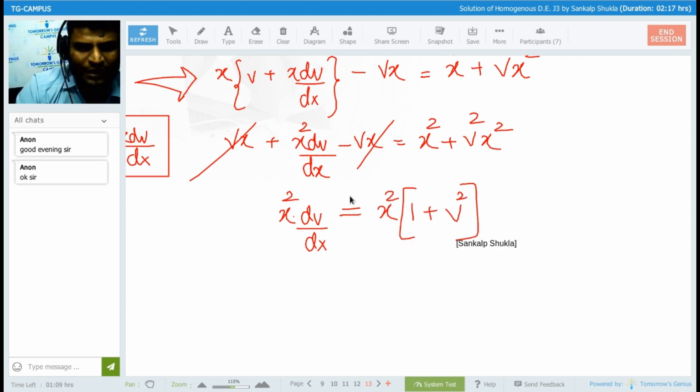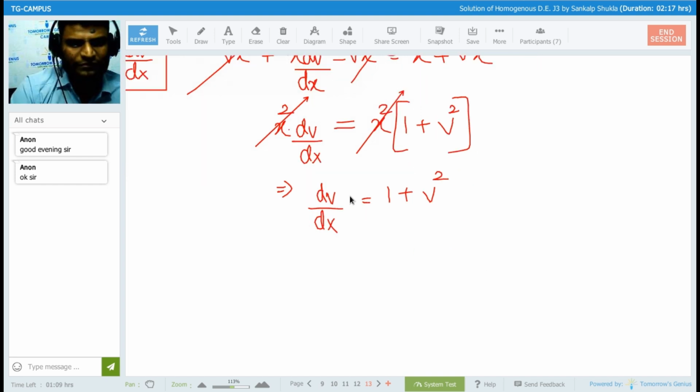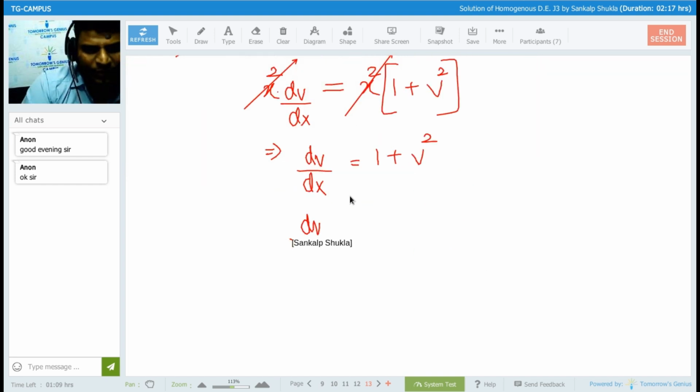So again x square and x square get cancelled. So it implies that dv by dx is 1 plus v square. So that means dv upon 1 plus v square is equal to dx.